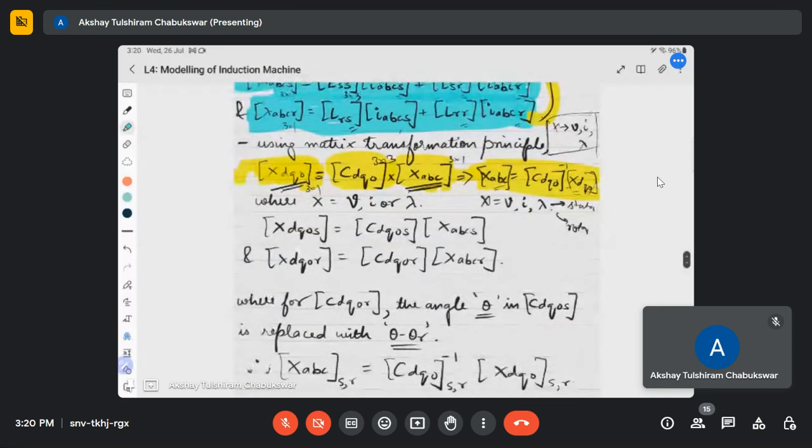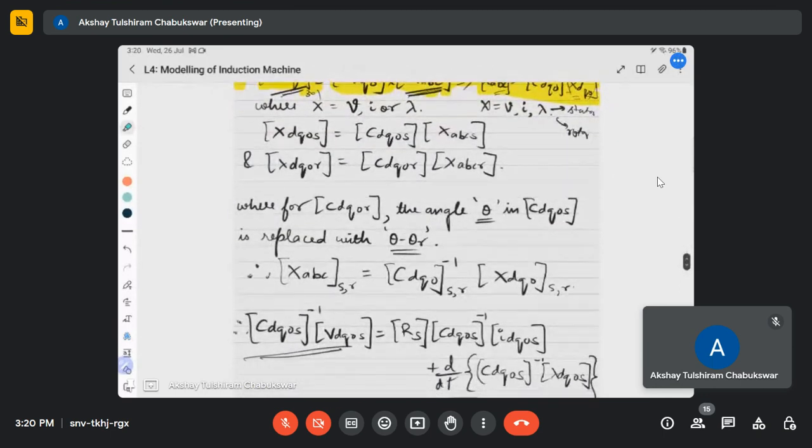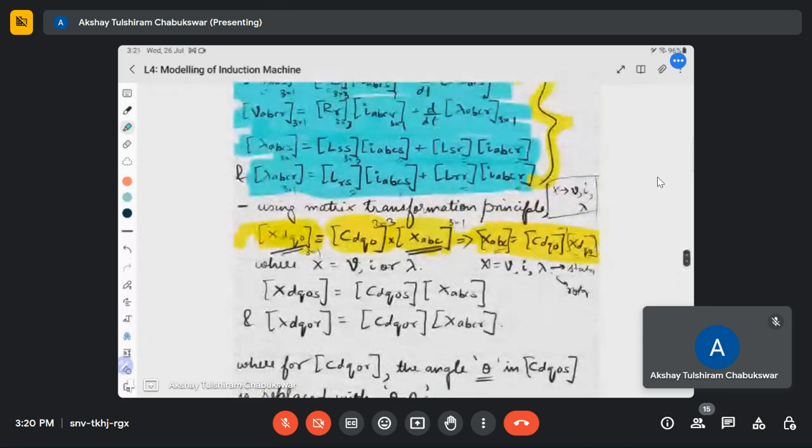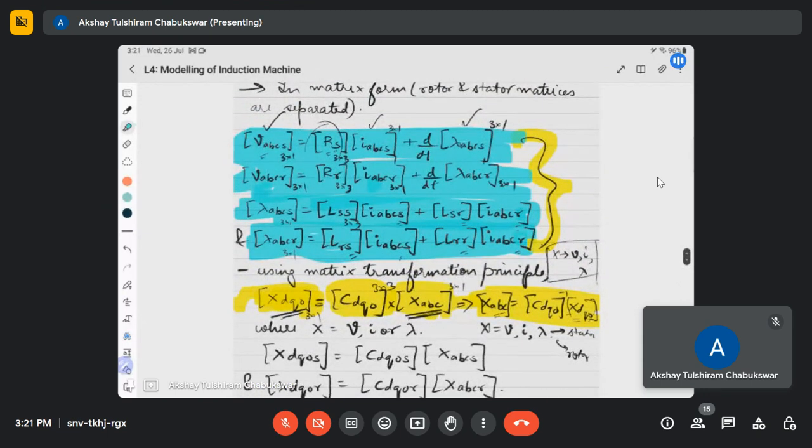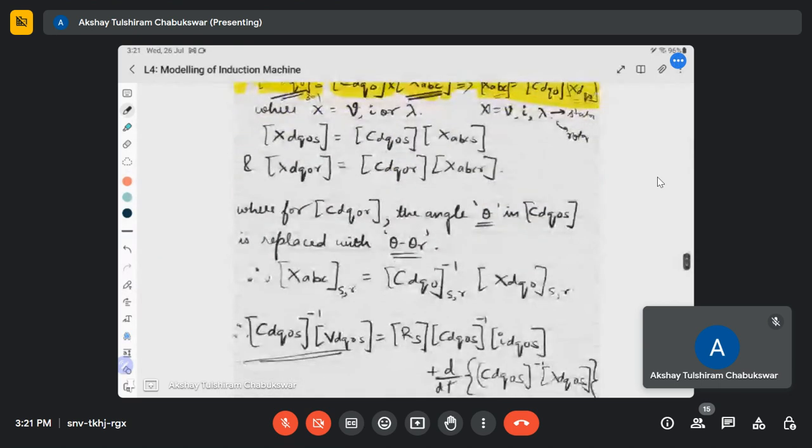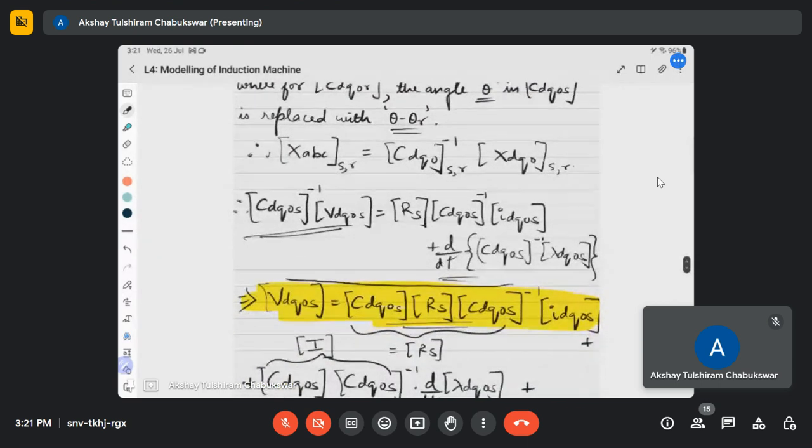Let me do one thing: we'll take the first equation. The first equation is this one. VABC is RS into IABCS plus d lambda ABCS by dt. What you do is, see here, VABC became CDQ0 inverse times VDQ0.